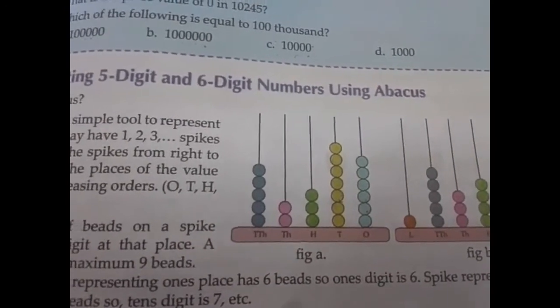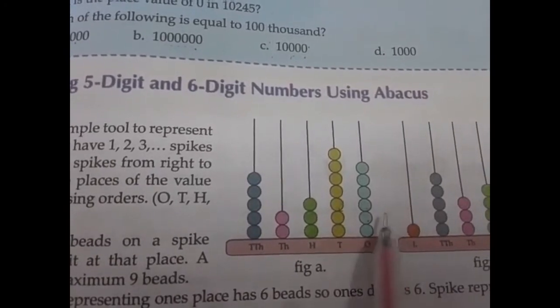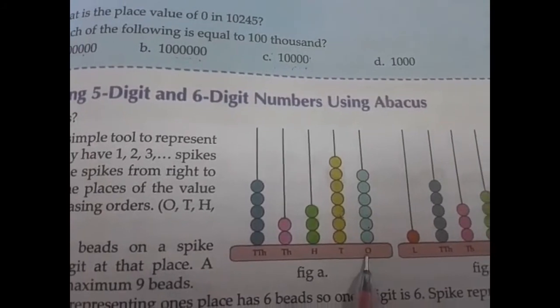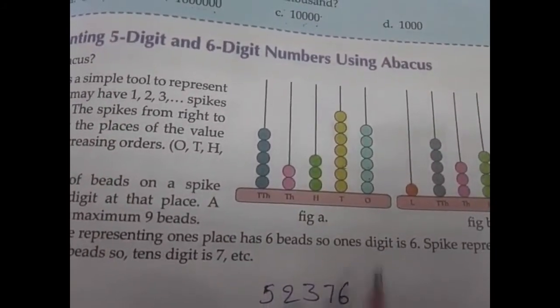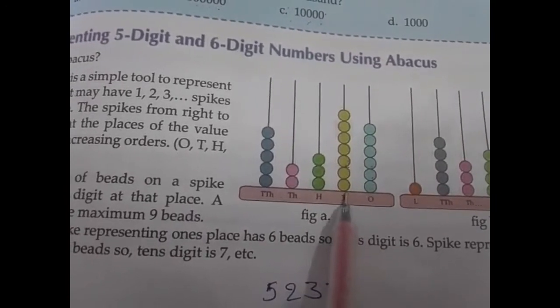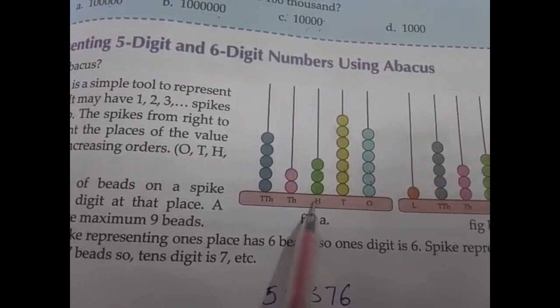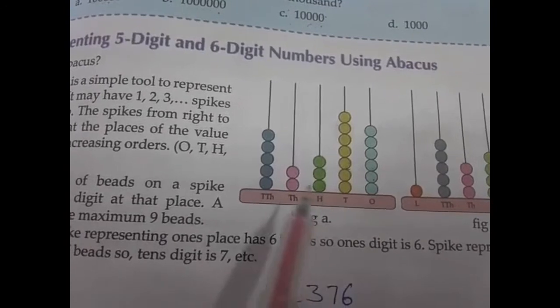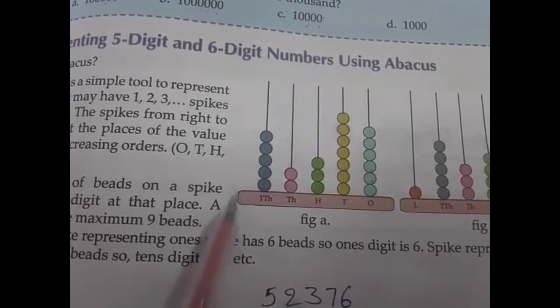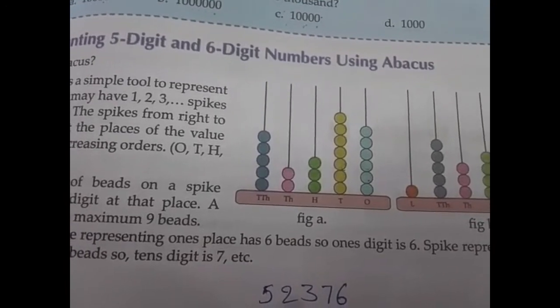While you are writing the number, you have to count the number of beads on a spike from the right side. First you have to write the 6. In ones place, there are 6. In tens place, 7. In hundreds place, 3. In thousands place, 2. In 10,000s place, 5.